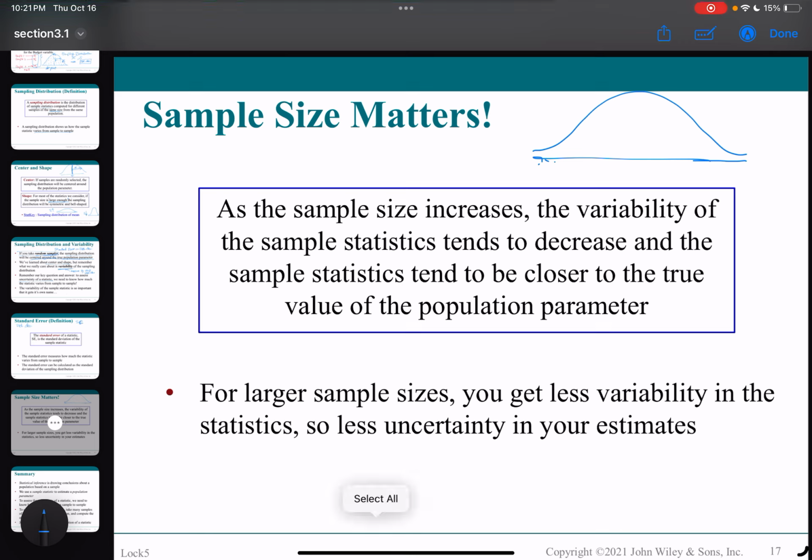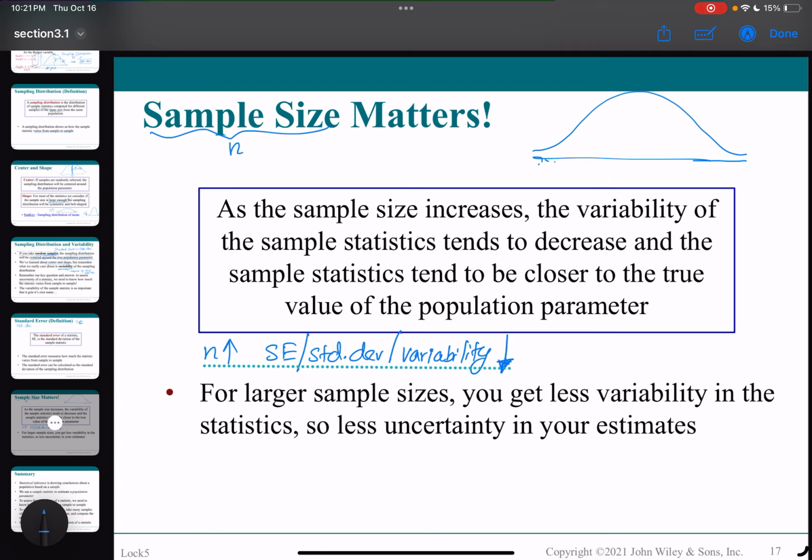Let's say the sample size is n. When n increases, the standard error, or I'll use standard deviation, or we'll call it variability, same things, goes down or reduces.